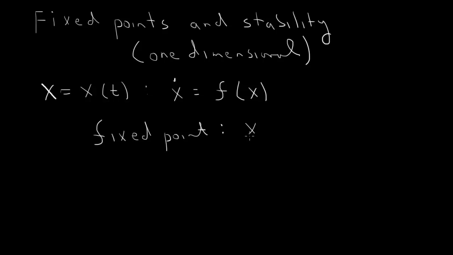So a fixed point x star will satisfy that the derivative with respect to time is 0, so that f of x star equals 0. So if you start at x equals x star, you'll always be at x equals x star because the derivative is 0.